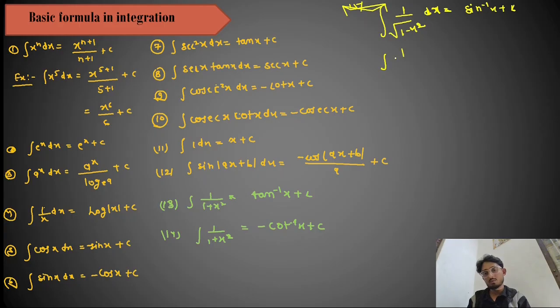Integral of 1 upon root 1 minus x square equal to minus cos inverse x plus c.